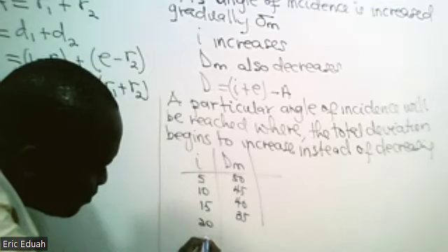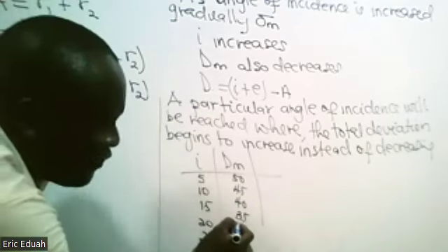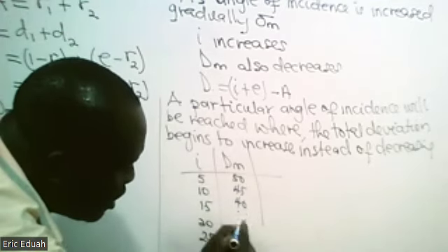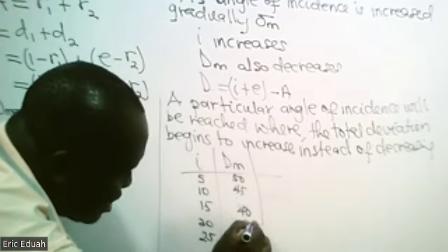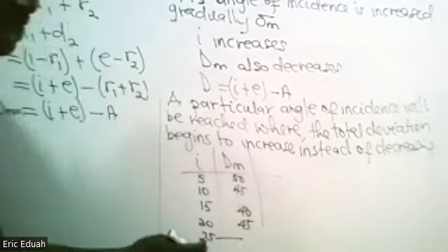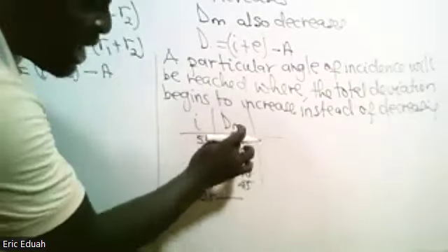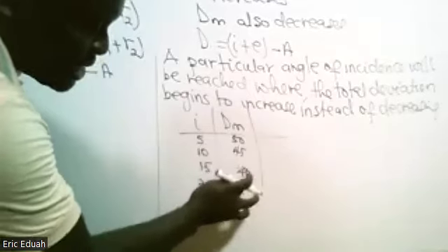Maybe 25. Then instead of this continuing to decrease, it will rather increase. So at 25 degrees, instead of D continuing to decrease as the trend, this is 35.